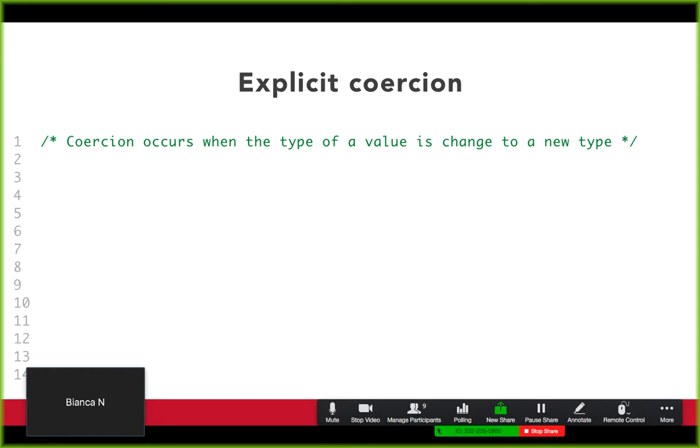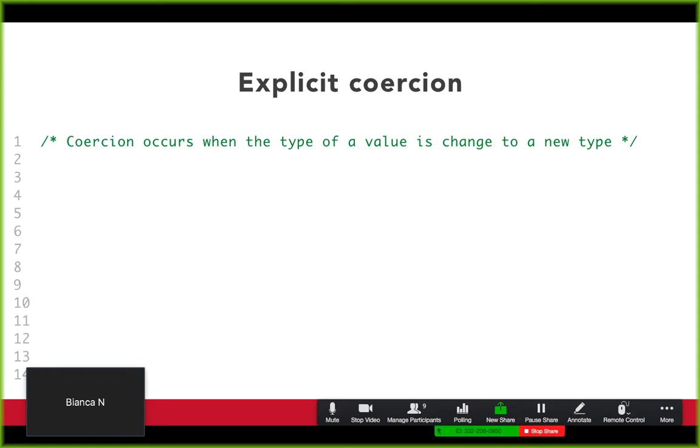So when we have data types like a string, a number, or a boolean, usually we use a number like a number, a string like a string, and a boolean like a boolean. However, there are times in which we actually want to change a particular piece of data between different data types. And so coercion, colloquially in English, means to change something into another type or another thing, right?